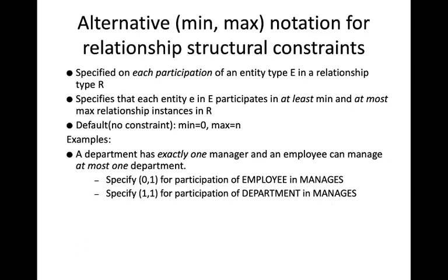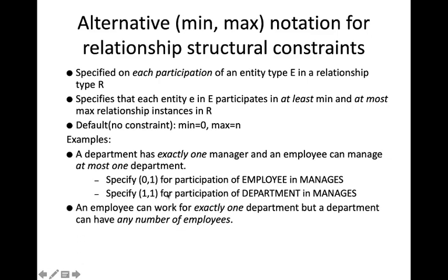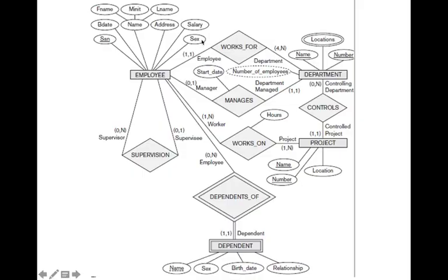This specifies the minimum constraint. An employee can manage 0 departments, that is the minimum, and maximum he can manage one department. That is why it is known as min-max notation. So employee in manages means 0,1. I will show the diagram example, then you will understand this.